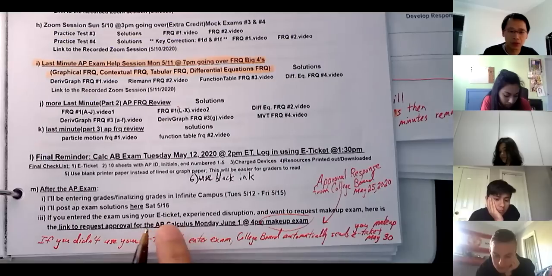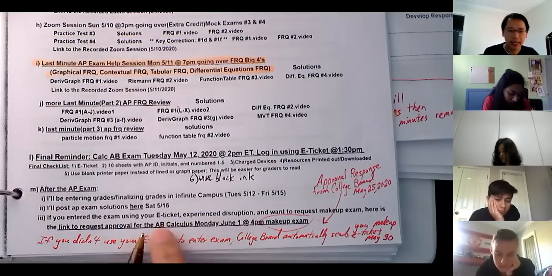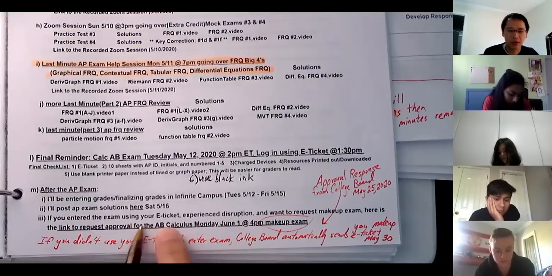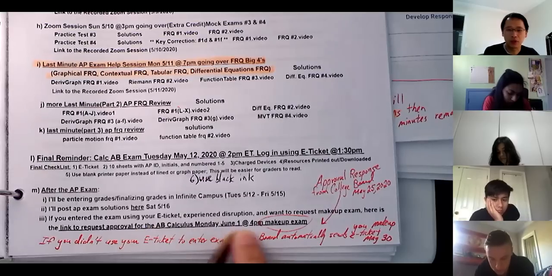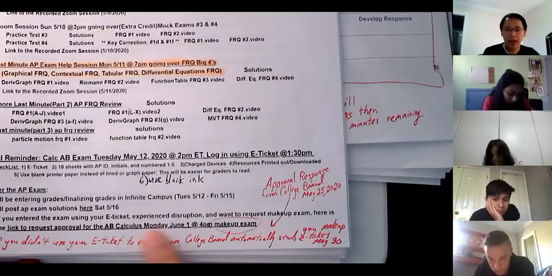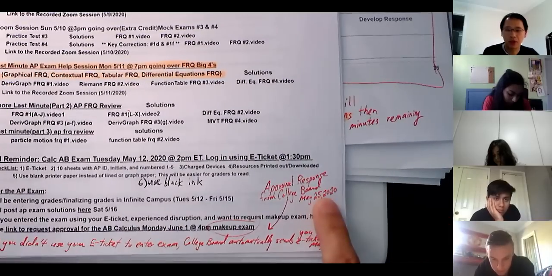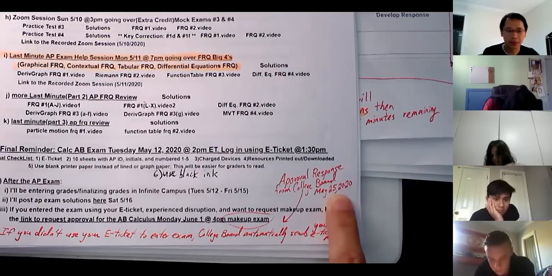If you want to do a retake, you have to click on this and give your reason as to why you want to do a retake. The makeup exam is June 1st at 4 p.m., and you will hear from College Board on May 25th, the Monday before your exam.